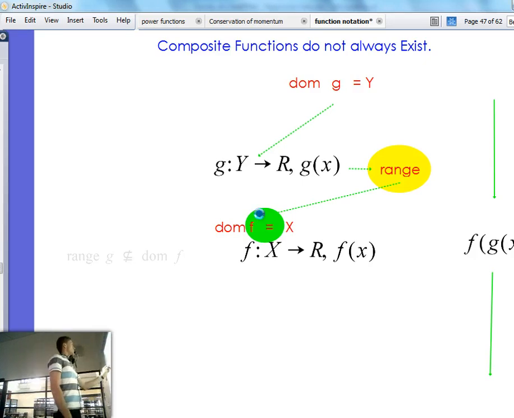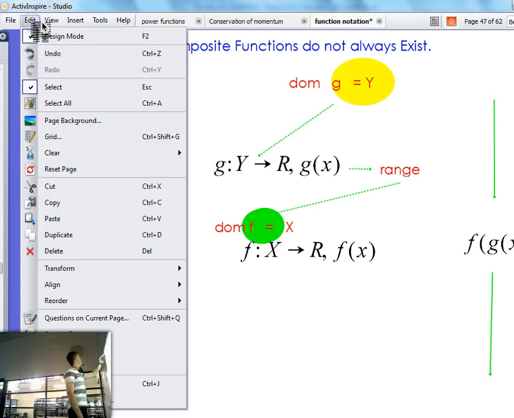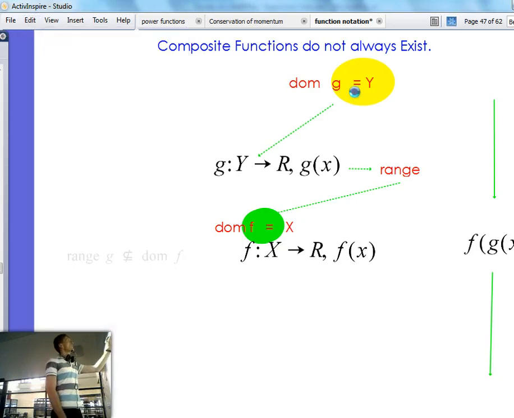So let's put him back. Hang on. Get rid of you, put you back up there. All right. So look, here's our domain of g, and it's a little bit bigger. So that's our set of allowed x values that g can have.